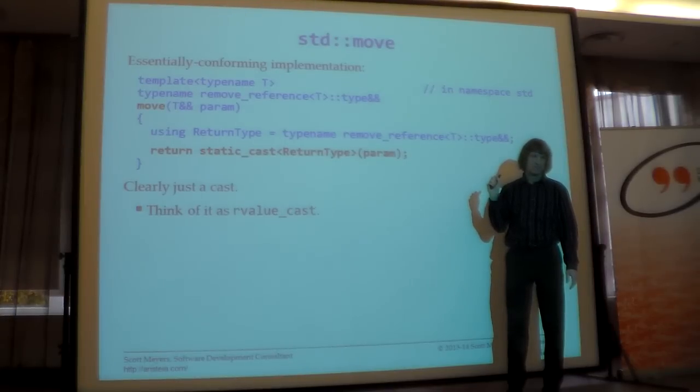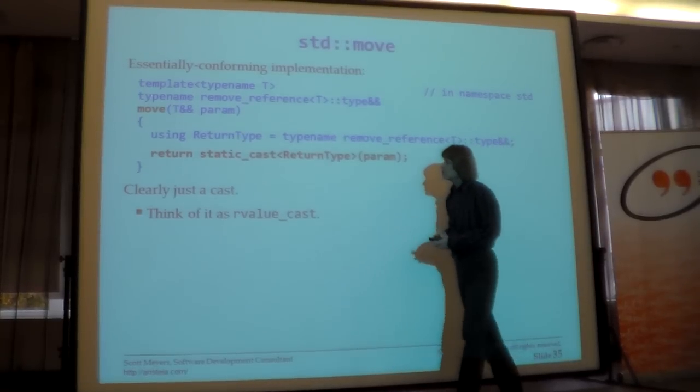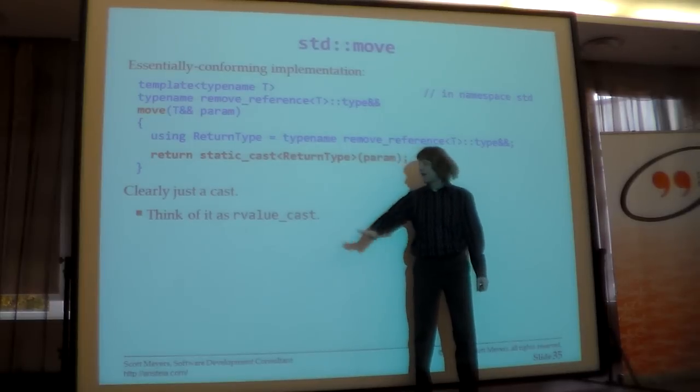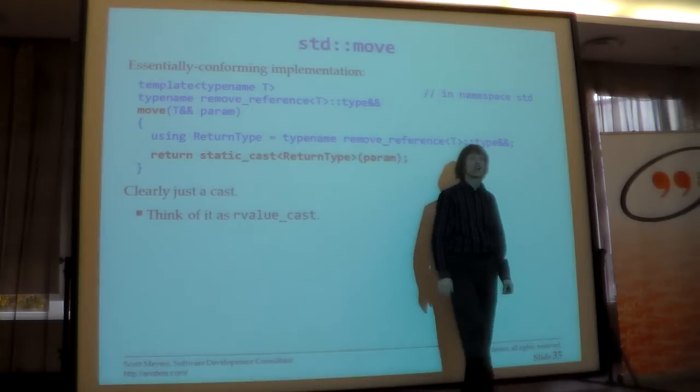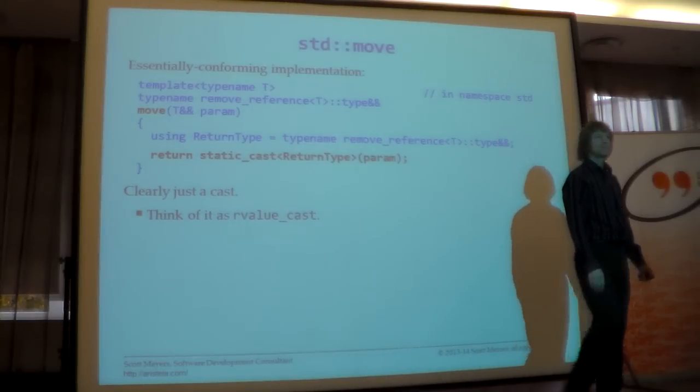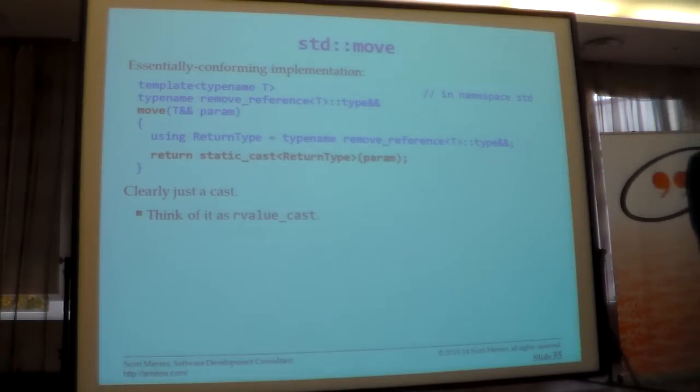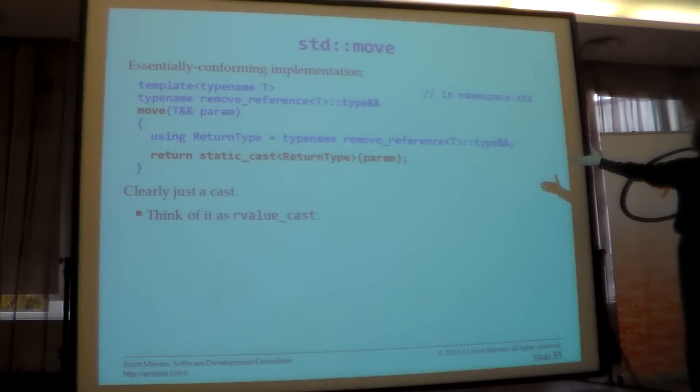That's all it does. You can think of move as rvalue_cast, and there have been proposals to call it rvalue_cast. Move does not move anything. Move doesn't do anything at runtime. There are no executable instructions inside that function.